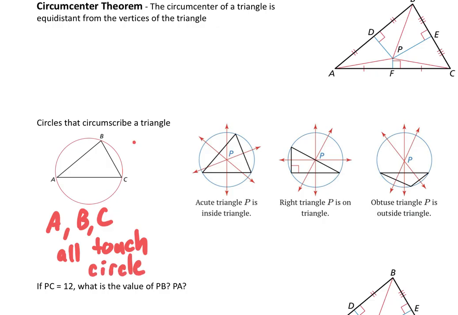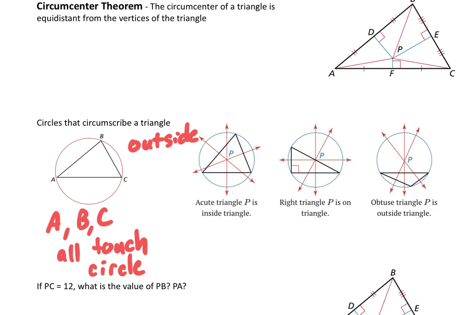And the circle goes around the outside. You can kind of think of the word circumference. You've heard the word circumference before. Circumference means around the circle, right? And here we're talking about circumscribed. So when I go around the outside of the triangle with the circle is what we talk about when we talk about a circumscribed triangle.